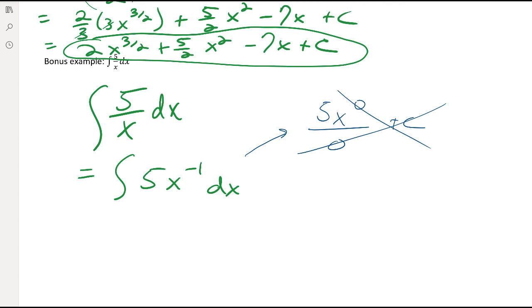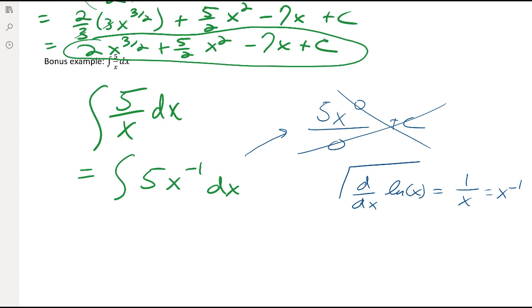Why is that? A little bit of a side argument here. I don't know if you guys remember, but the derivative of the natural log of x is 1 over x, which if I rewrite that, is x to the -1. That's why whenever your power is -1, it ends up being a natural log.